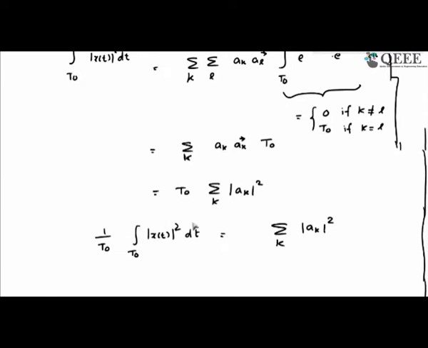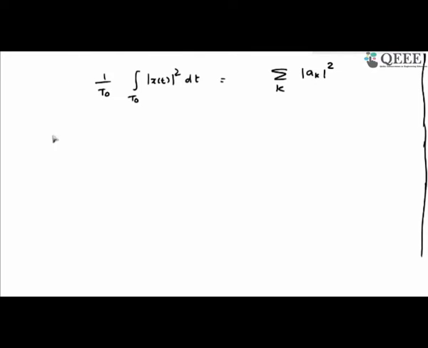Okay, so this is Parseval's theorem. The average energy of the signal in the interval T naught is simply obtained by summing the squared values of the Fourier series coefficients. That was property 7.